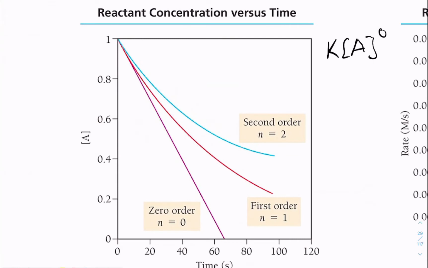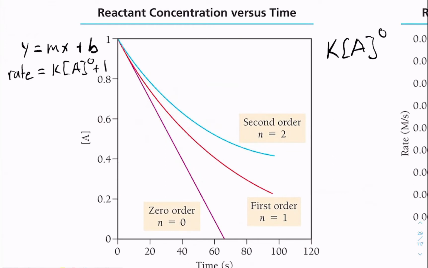And what determines the slope of that straight line? I guess here we're starting at 1, so we can say plus 1.